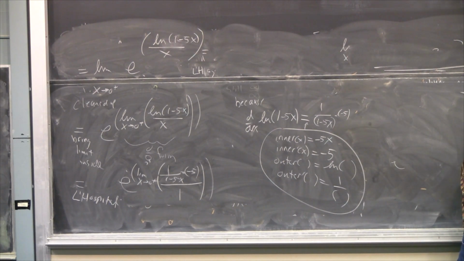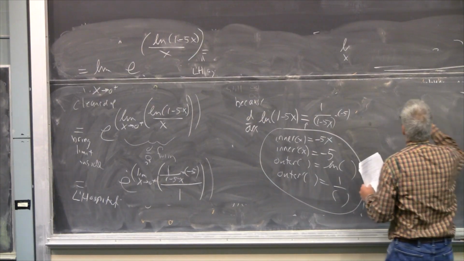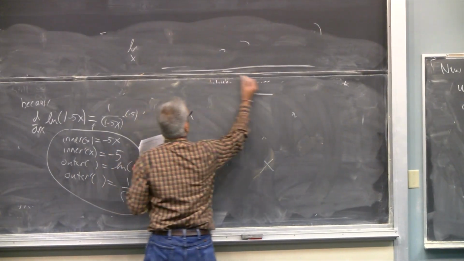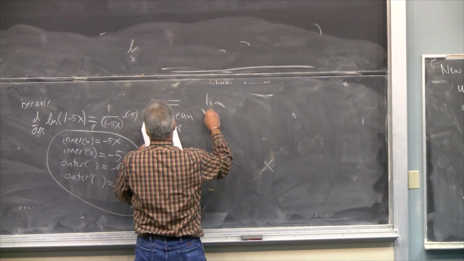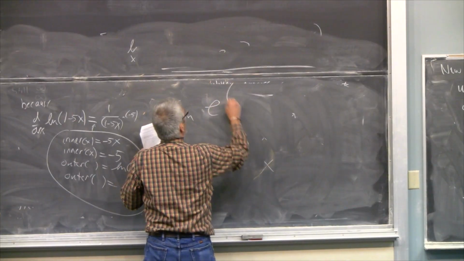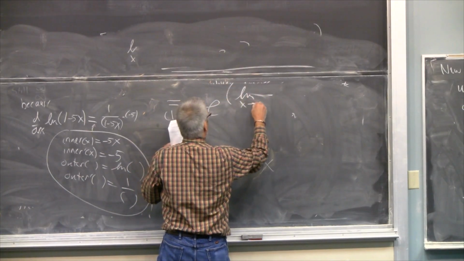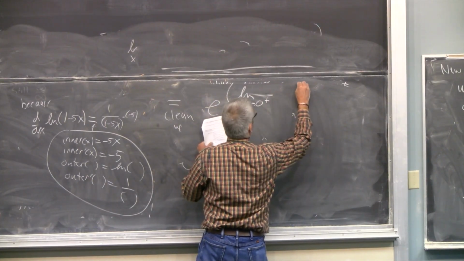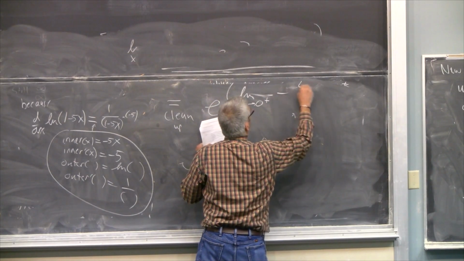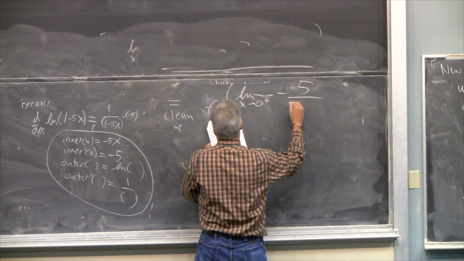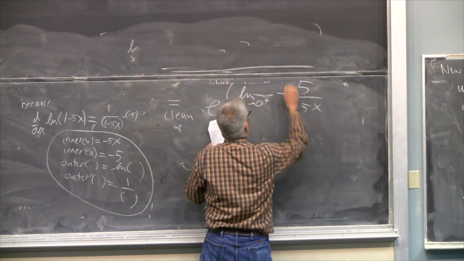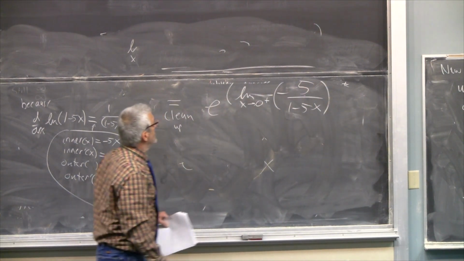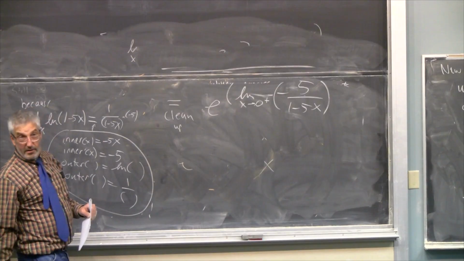So let's clean this up. I have e raised to the limit as x approaches 0 from above of minus 5 over 1 minus 5x. That's not indeterminate.